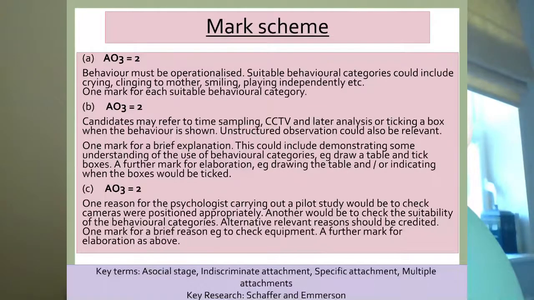You might have some other ideas, but basically the idea of a pilot study is to check our methodology and be aware of anything that needs to be changed. So you could say like to make sure that the observation period is the right length of time. Because we're looking at babies, you might want to make it shorter or longer, so we could use a pilot study to check that the observation period of time is appropriate.